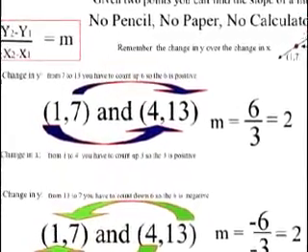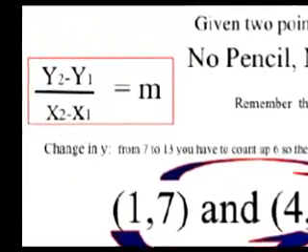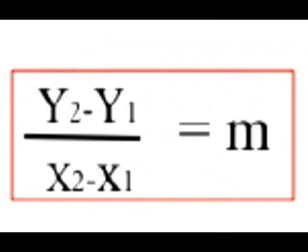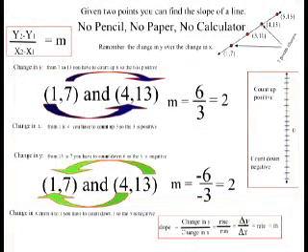Now, it does not make a difference which one you let be y, as long as you remember that it's y sub 2 minus y sub 1 over x sub 2 minus x sub 1. So we have to do the y first. So we write down m equals and a divide. The change in y, we're going to change it up.